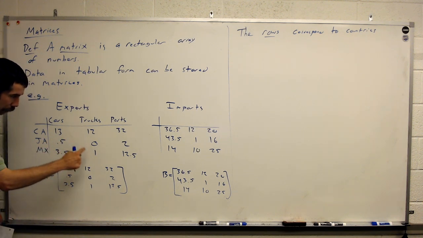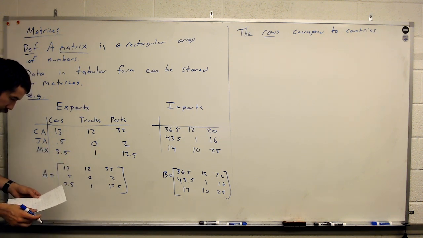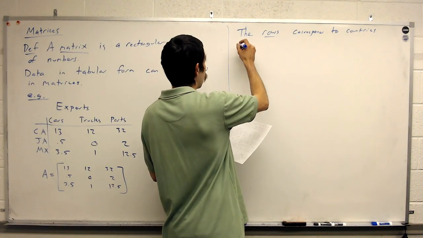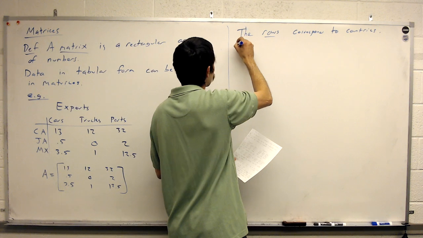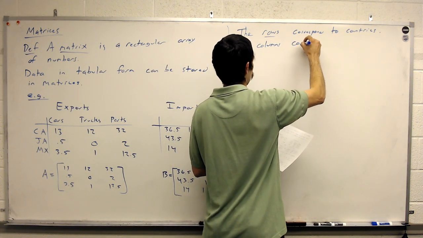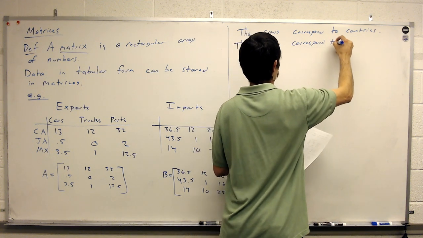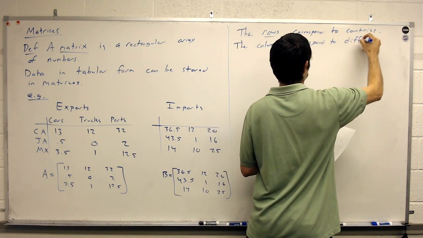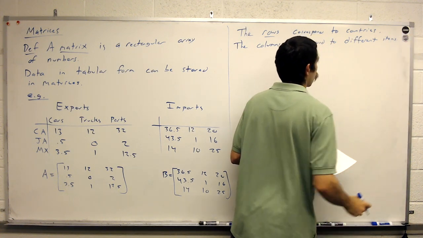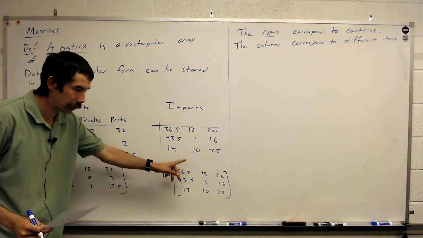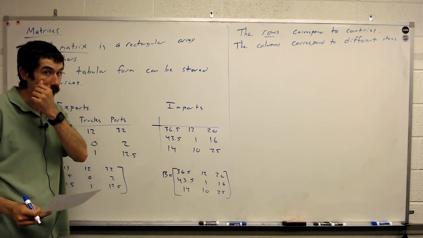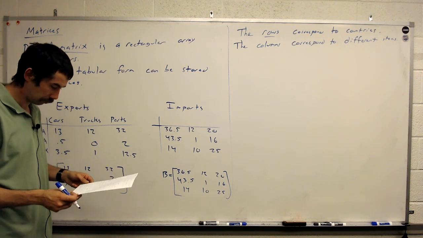And then the columns, up and down, correspond to the different items. This first column here corresponds to cars, and then trucks, and then parts. So each column corresponds to a different item.